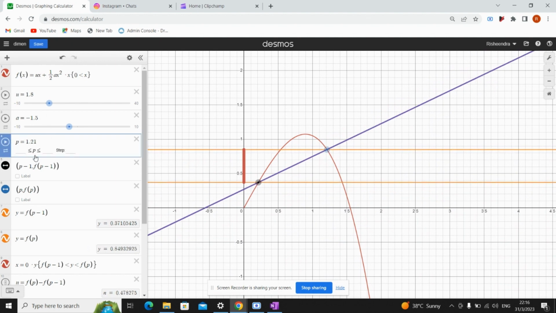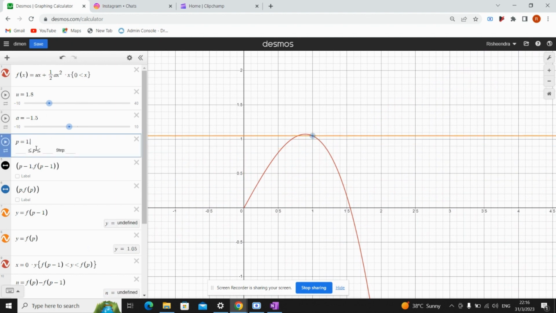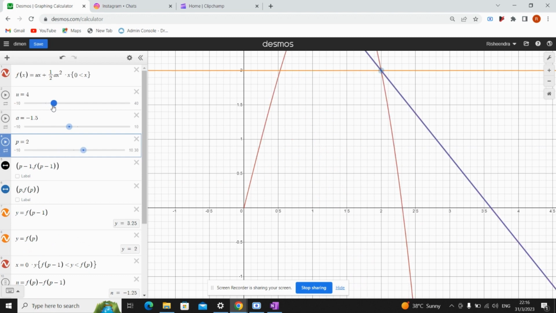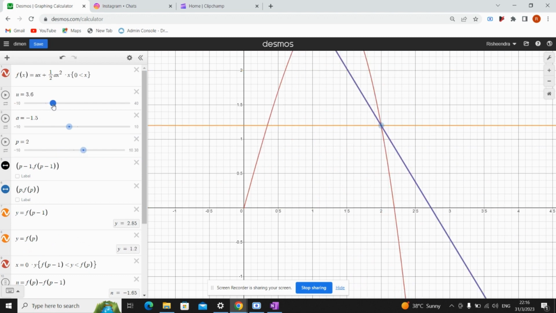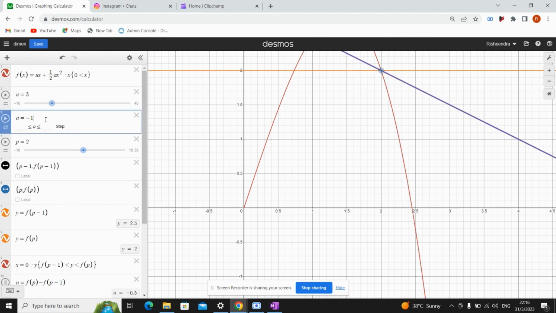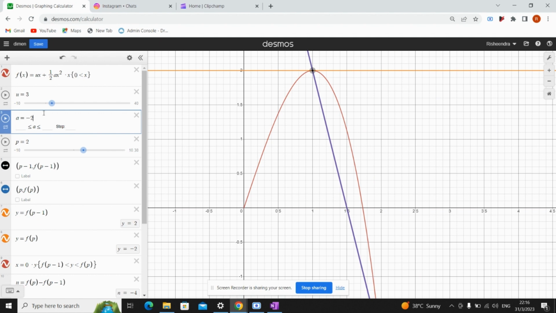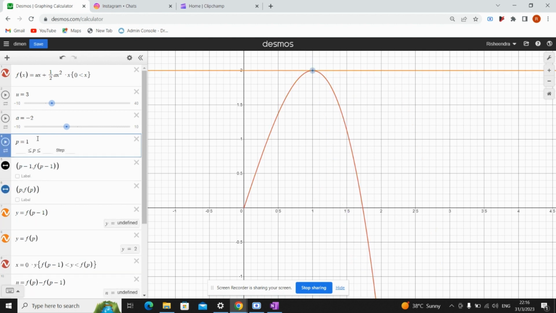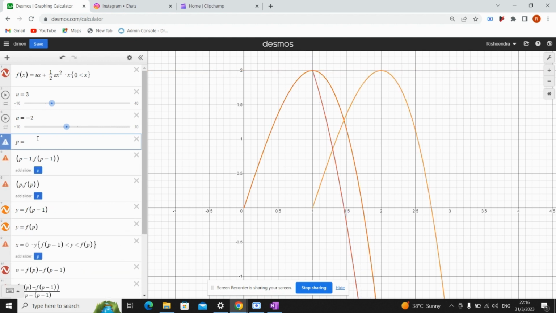I'm taking acceleration equal to minus 1.5, p equal to 2, u equal to 3, and a equal to minus 2, and p equal to 1 or 3.